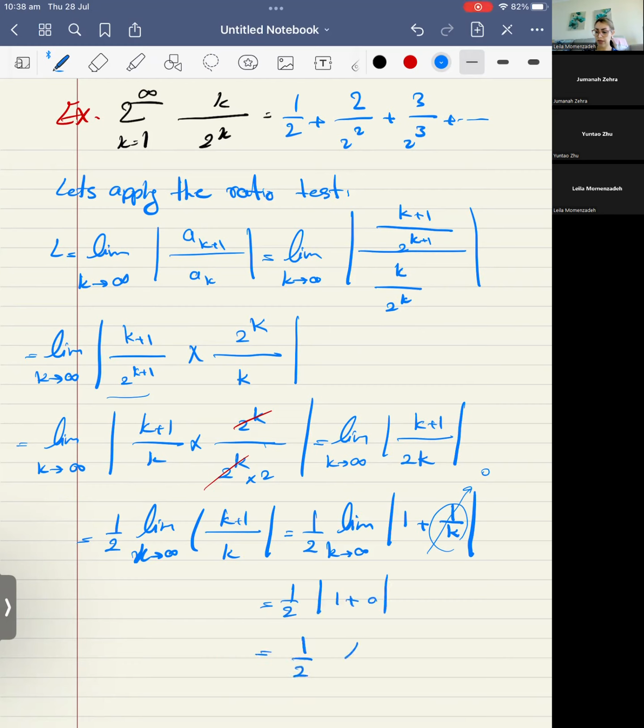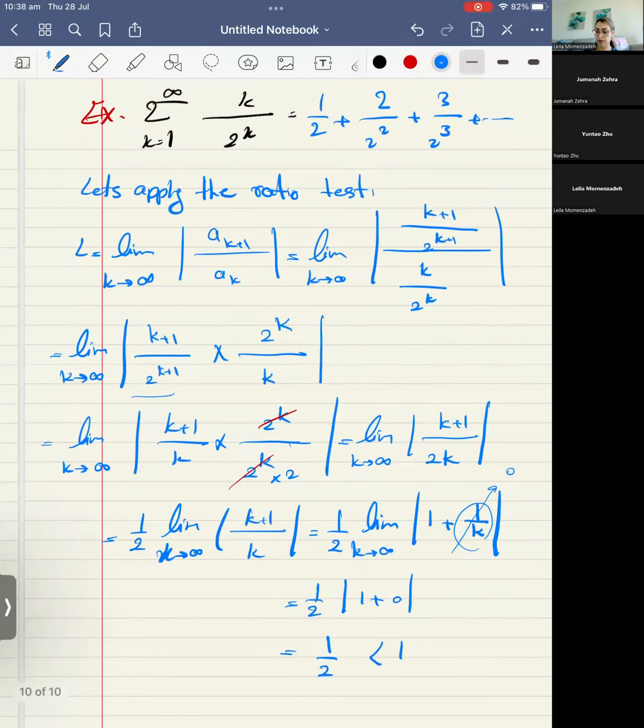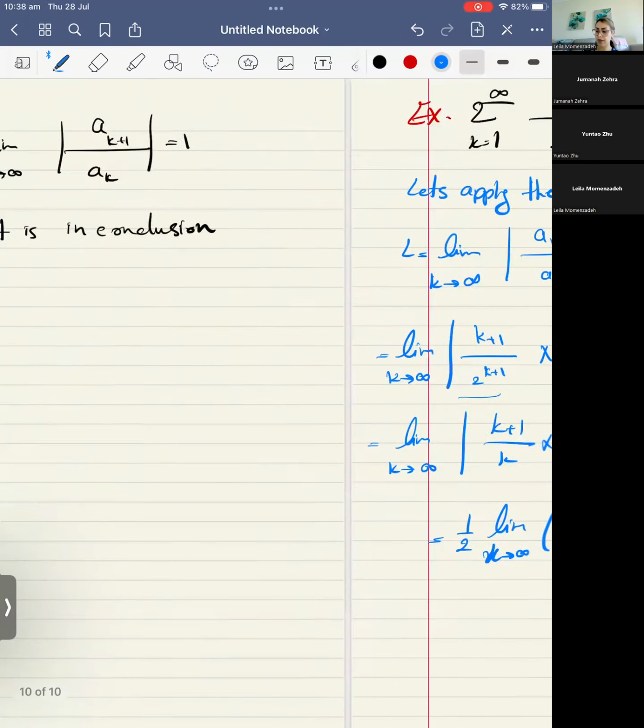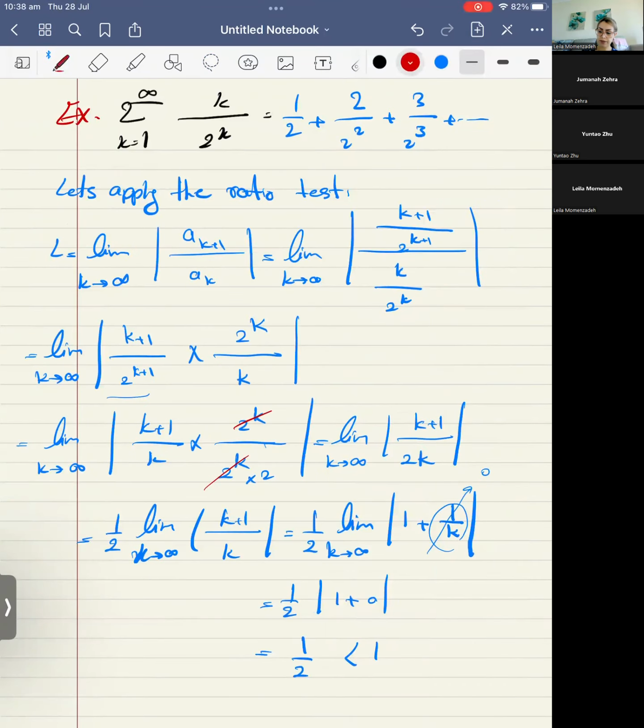You can see this one is less than 1. When it is less than 1, this series converges. Yes, I can write here that this series converges.